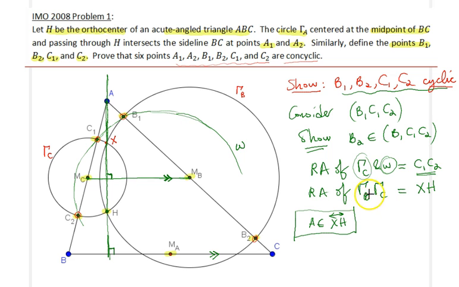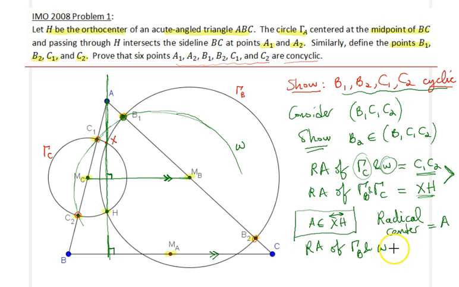In a similar way, the radical axis of gamma B and gamma C is XH, but I know XH goes through point A. So the intersection of these two radical axes gives me my radical center, which is nothing but point A. Now that I know point A is the radical center, the radical axis of circles gamma B and omega would go through point B1 for sure, and the radical center A.